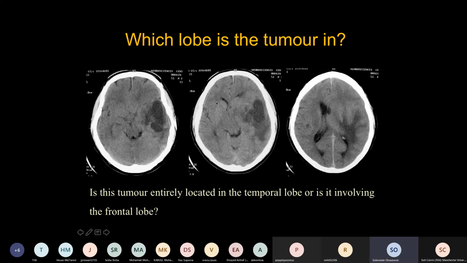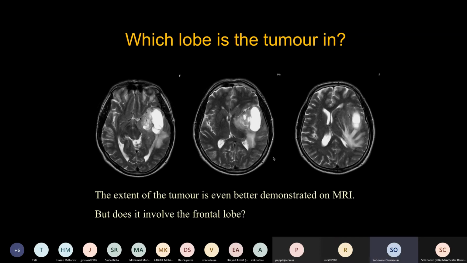The next question is, which lobe is the lesion in? You find the lesion very much in the frontotemporal region. Is it in the frontotemporal? But in fact, you do not get frontotemporal lesions, because what separates the frontal and temporal lobes is the Sylvian fissure. It's either coming from above, pushing the Sylvian fissure down, or from below, pushing the Sylvian fissure up. So by doing an axial T2, you can tell.